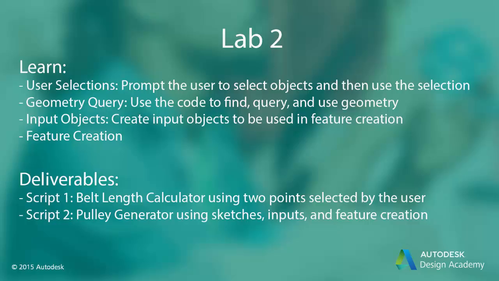The first one is a belt length calculator, where you'll have the user select 2 points, and then you will take those points in and calculate how long a belt would need to be if there were 2 pulleys of a certain radius at those points. And then the second script will actually use feature creation to create a full pulley.